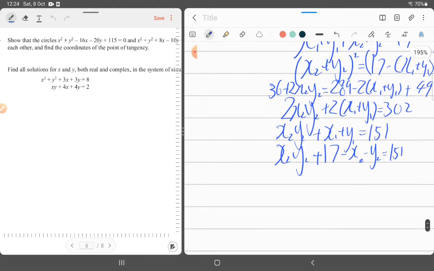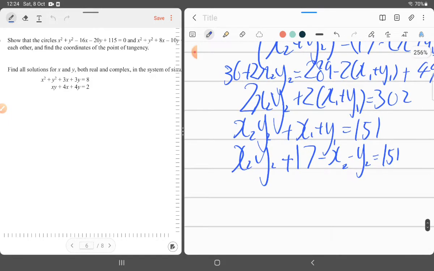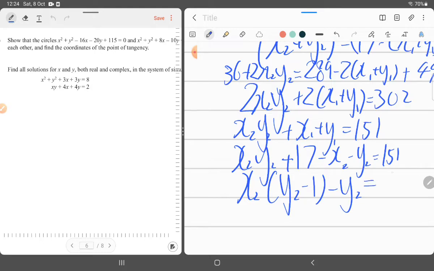Then take away 17. x2 brackets y2 take away 1 y2 is equal to 134.